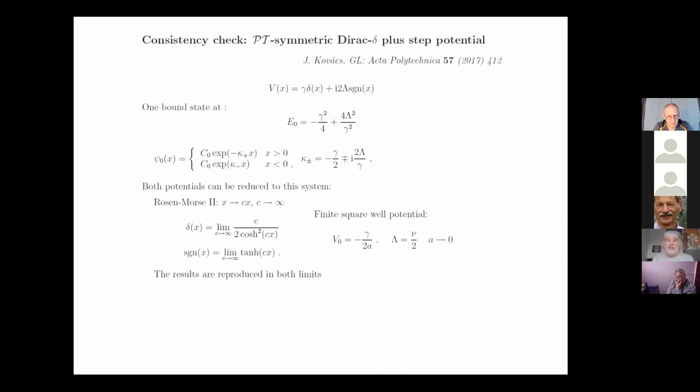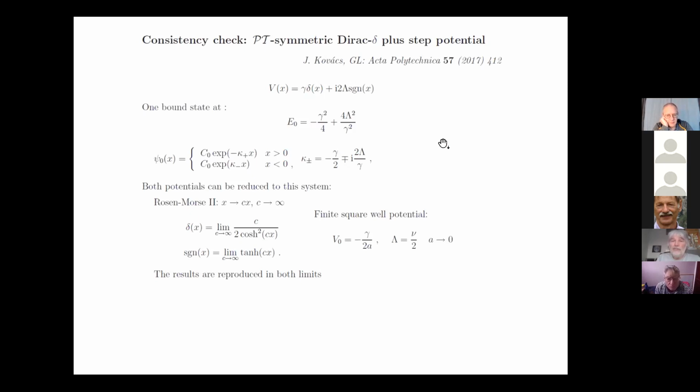Okay, so as I said, we proved that this PT-symmetric square well potential doesn't have complex energy solutions, and it is very similar to what we found for the scarf, for the Rosen-Morse 2 potential. And here I present another consistency check of the results.